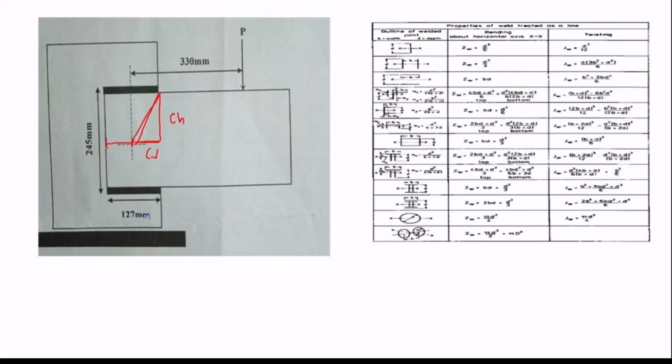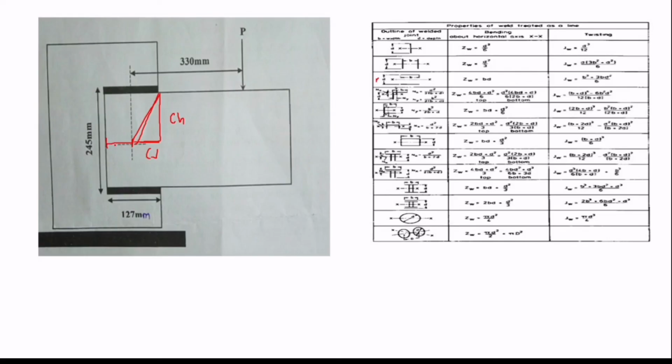In this case, you go back to the table. When you go back to the table, this is 2, right? So where can we locate the 2? This one. This is the 2, right? So in the 2, how do you find the centroid? For us to find this distance, when you get the two ways, you divide this one by 2. So this distance will be divided by 2. That will give you the distance.